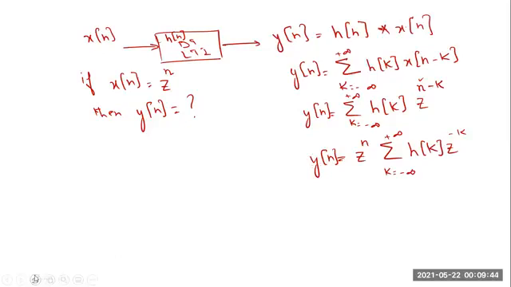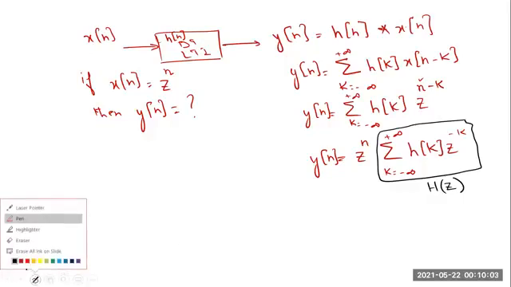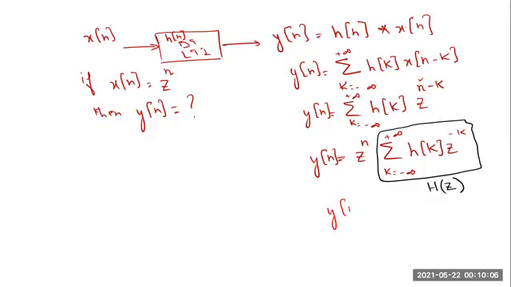And now you can clearly see that this thing is going to be some constant. We can represent this whole summation by a function H, which is dependent on z. So the output is z to the power n times H of z. Now if the input is z to the power n, the output is also the same z to the power n multiplied by this factor, which is the eigenvalue.